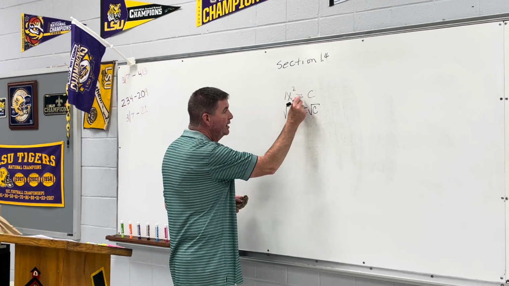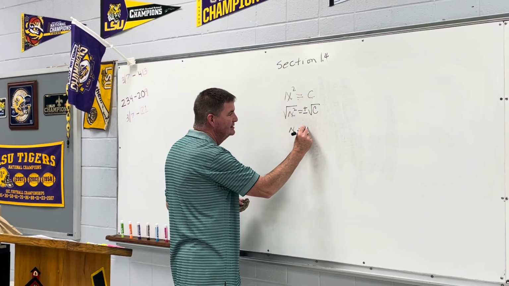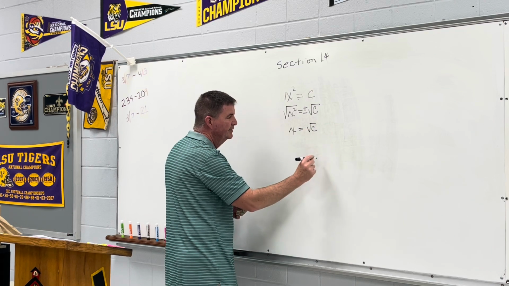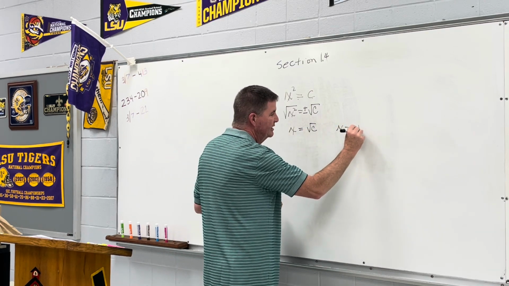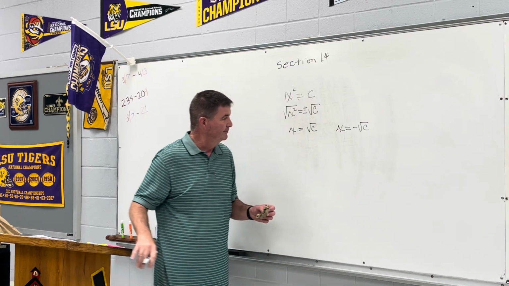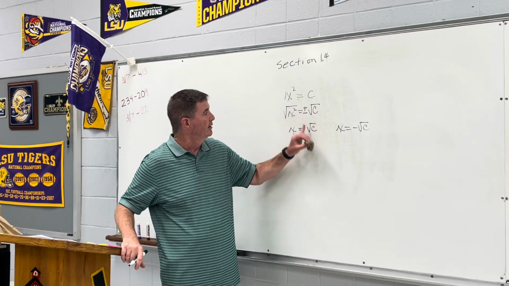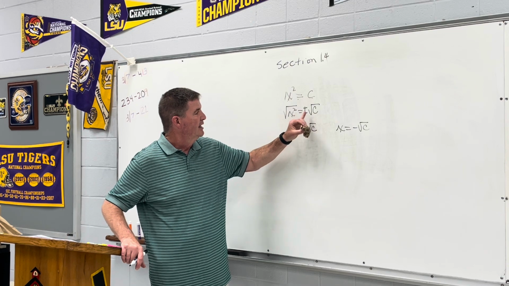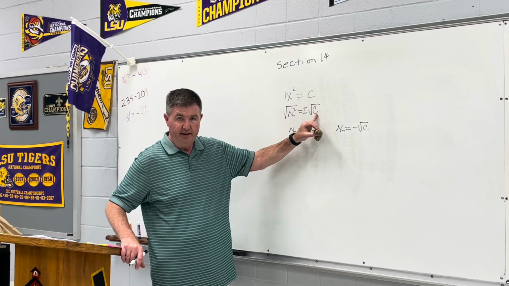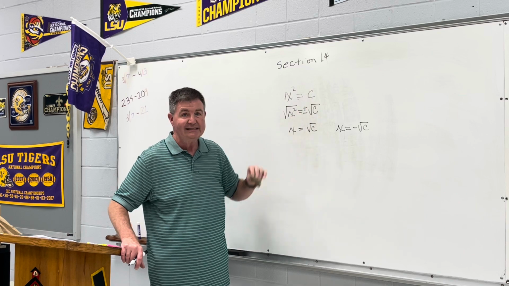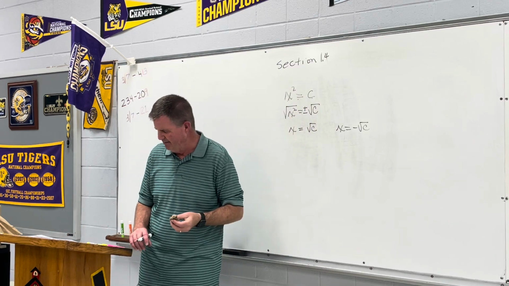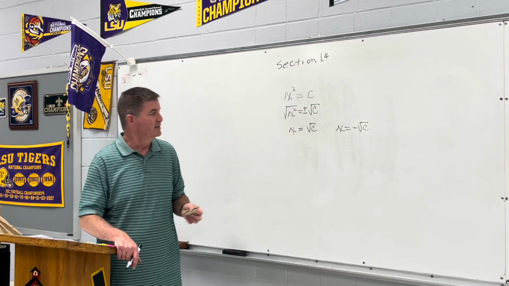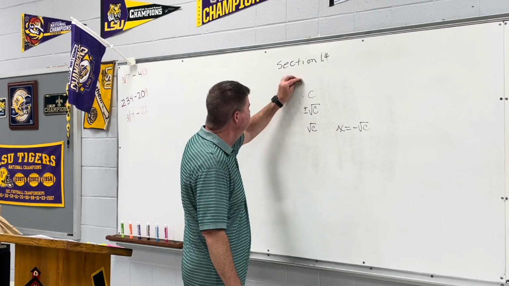So if x squared equals c, that means x equals the square root of c, and x equals the negative of the square root of c. We must always remember to square root the number that's here, both plus and minus. It'll make a little bit more sense when I do one.